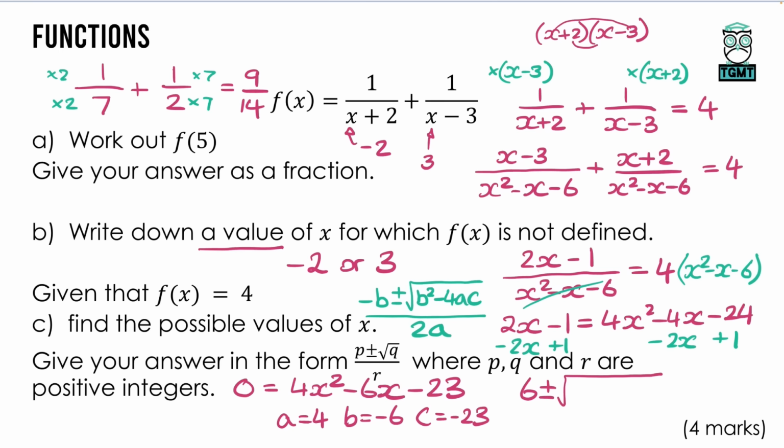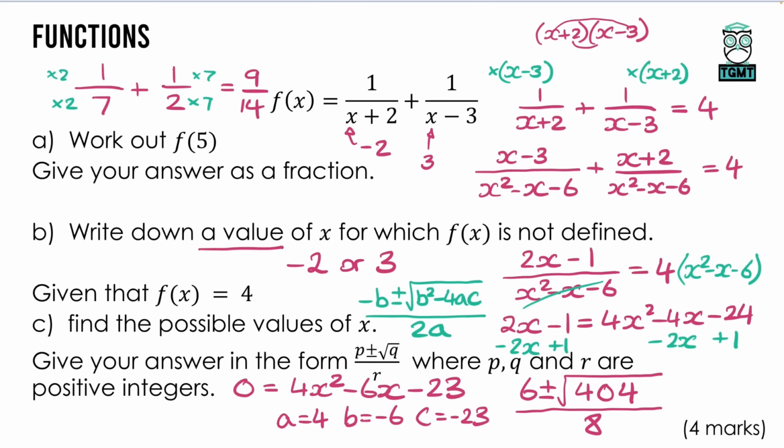And if I press equals, that comes out as 404. We now have 2a on the bottom. So 2a is 2 lots of 4, so we will have 8 on the bottom. Now at this point we do have our answer in the form that we've been asked, so that is a final answer that we could give there, 6 plus and minus the square root of 404 all over 8.